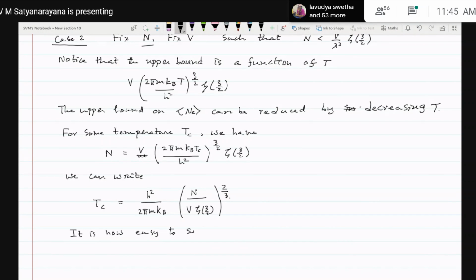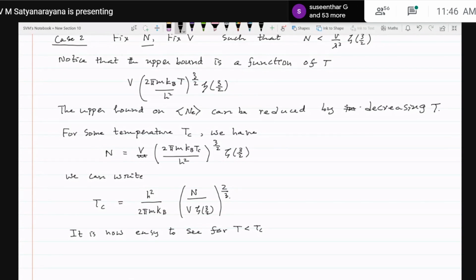For T less than Tc, that means you are further decreasing the temperature beyond this, the number of particles will be much more than the upper bound. So all those additional particles have to jump to the ground state.